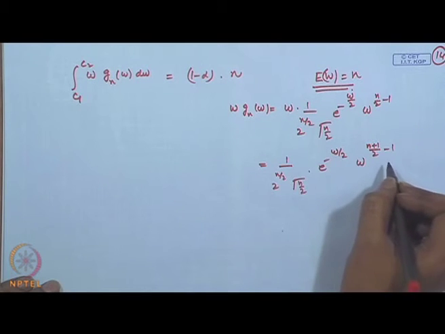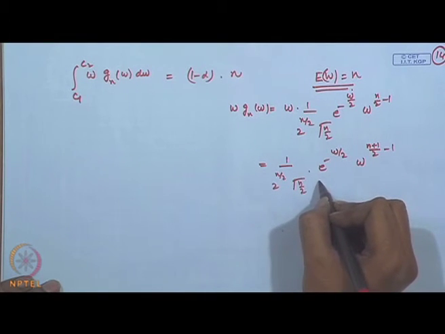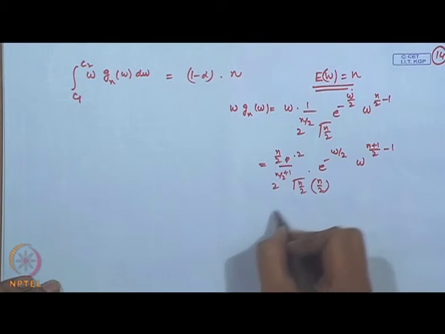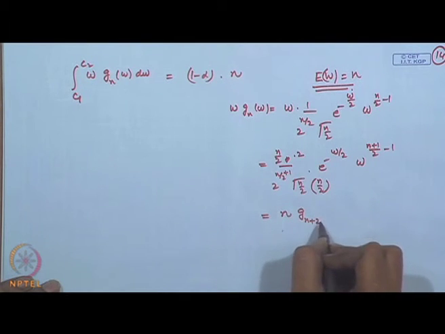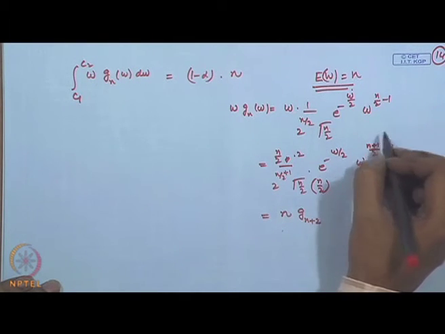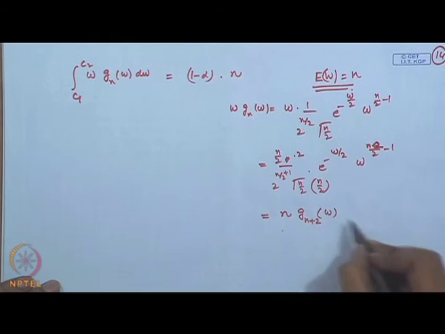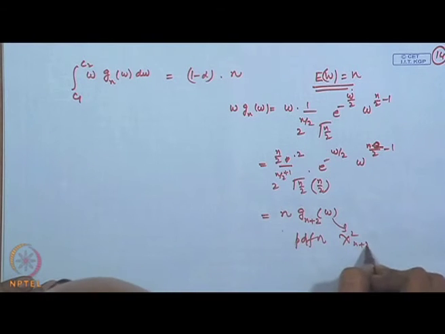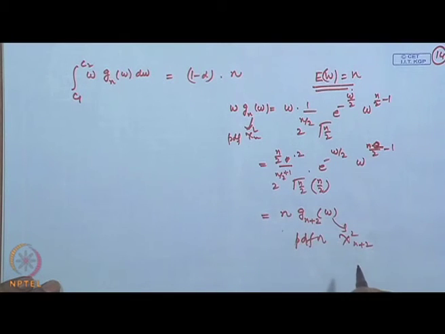If that is so, then here I add the coefficient, I write here gamma n by 2 and then n by 2 here, and then I add one power here and one power here. So, this is becoming n times g of n plus 2 rather than n plus. That means this is the PDF of chi square n plus 2. If this is the PDF of chi square n, then this is the PDF of chi square n plus 2.